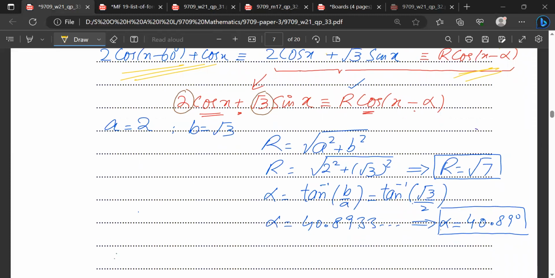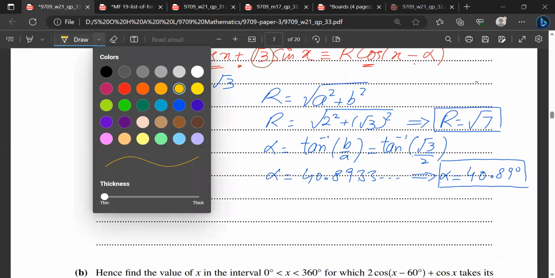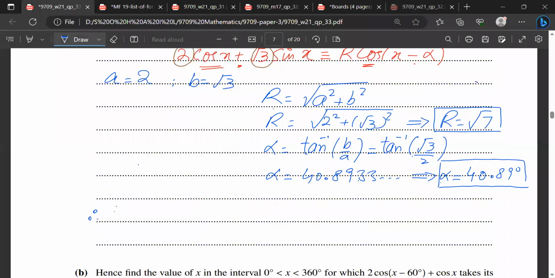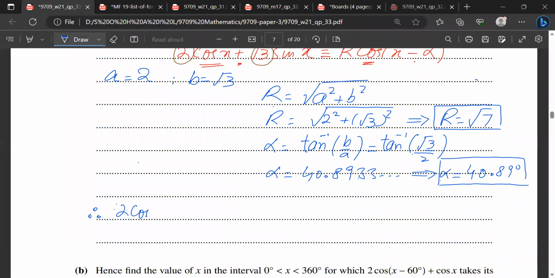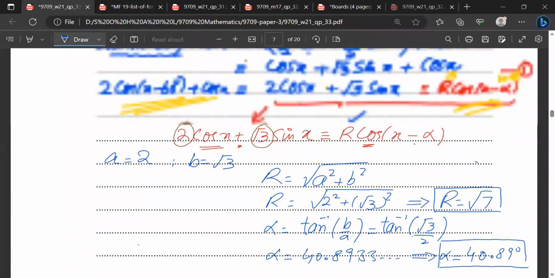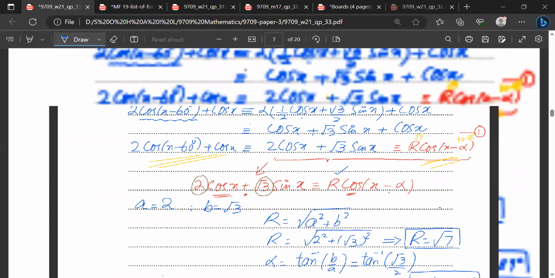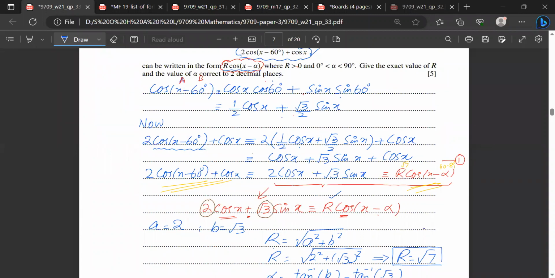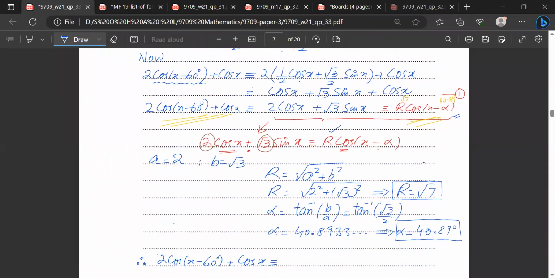So this given expression can be written, finally I'm writing the answer. Therefore, 2 cos of x minus 60 plus cos of x. Initially it was equal to 2 cos of x plus root 3, and this can be written in this form, which is r cos of x minus alpha, and this working is for the value of r and the value of alpha.